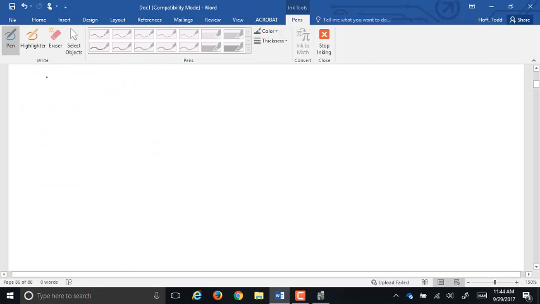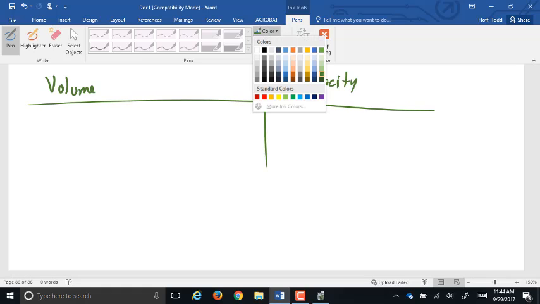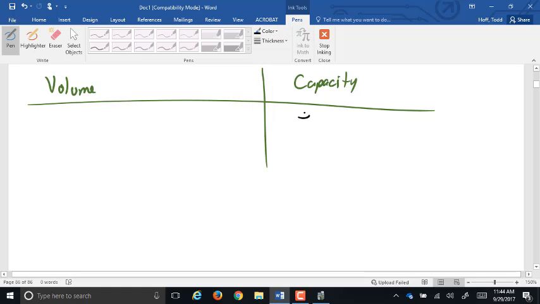Next, we have to have another one of those discussions about volume and capacity. There is a difference between volume and capacity. Capacity is just a standard size container, and it really is how much something can hold.